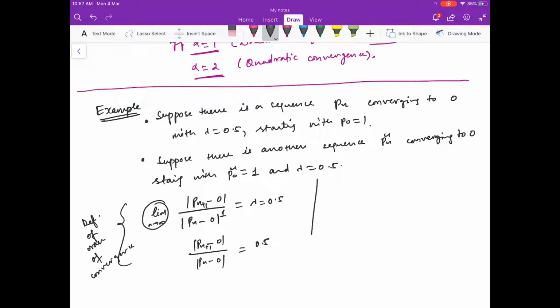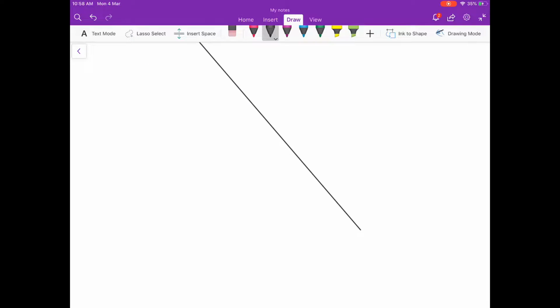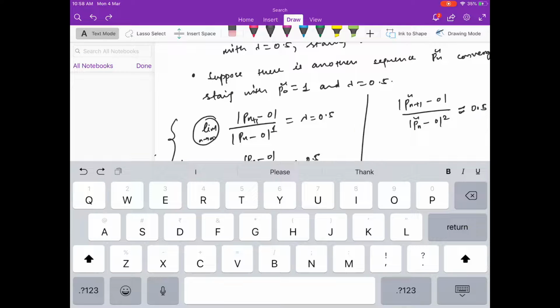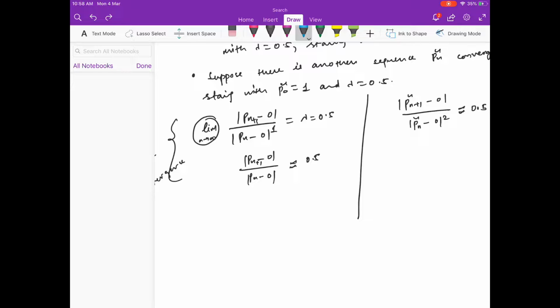And the second sequence is Pn plus 1 tilde minus 0 upon Pn tilde minus 0 squared, approximately equal to 0.5. So here you have Pn plus 1 tilde upon Pn tilde squared equal to 0.5, and here Pn plus 1 upon Pn is equal to 0.5.